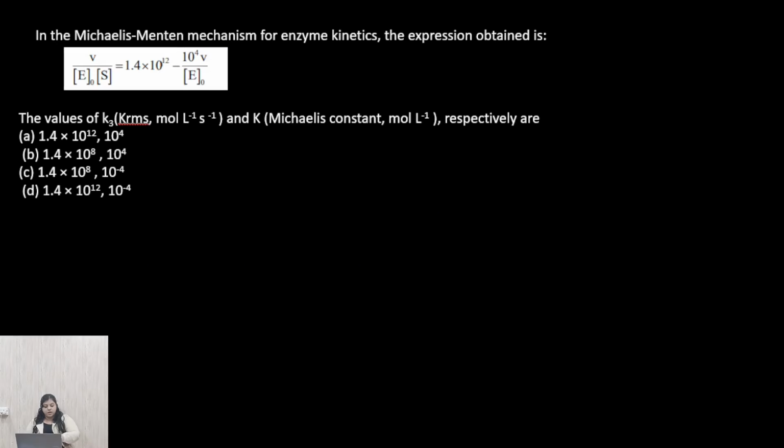Next one we are having is this question. It says, again in a Michaelis-Menten mechanism for the enzyme kinetics, the expression obtained is this one. What is the value of this K3 and the Michaelis-Menten constant respectively? So for the enzyme kinetics, we have this expression: E plus S is in equilibrium with the intermediate, which is ES.